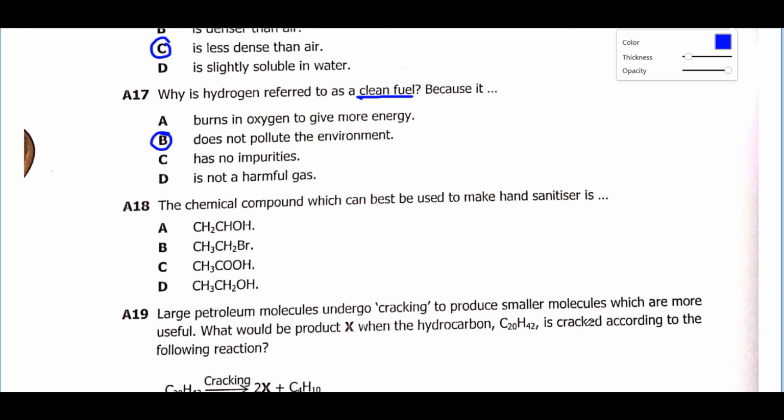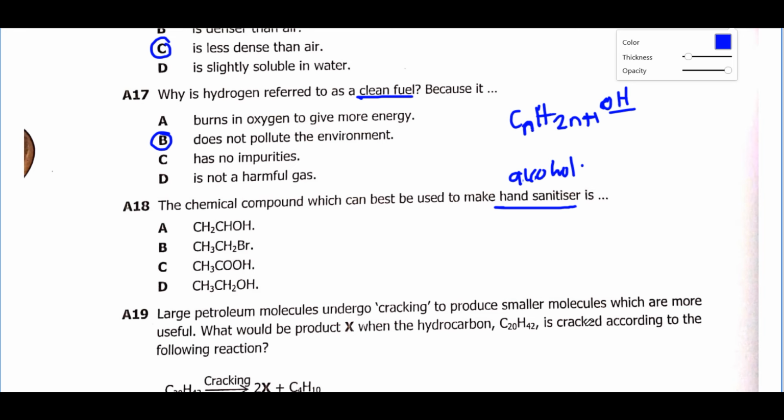The chemical compound which can best be used to make hand sanitizer. We know that hand sanitizer contains alcohol. The general formula for this is CnH2n+1OH. The presence of this functional group, hydroxide, tells us that the compound is an alcohol.